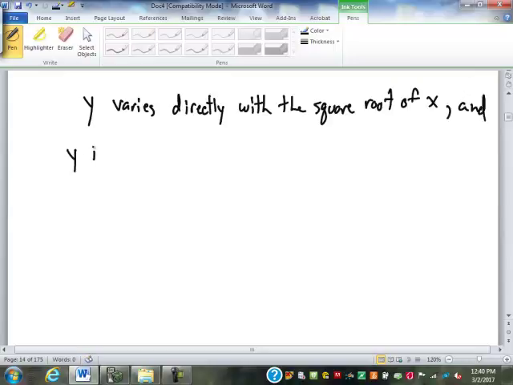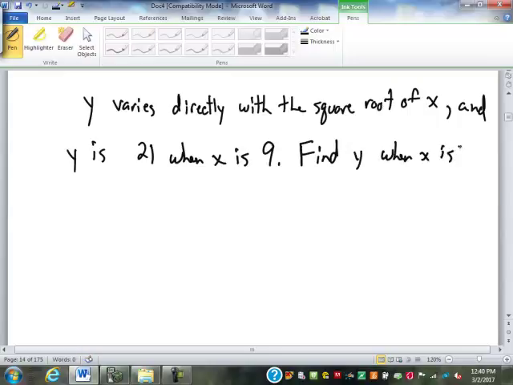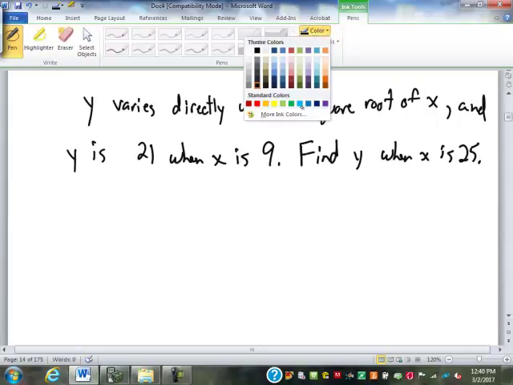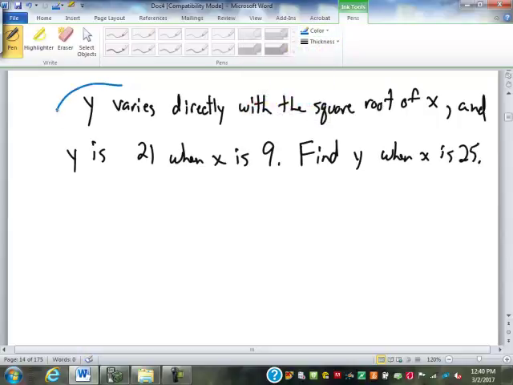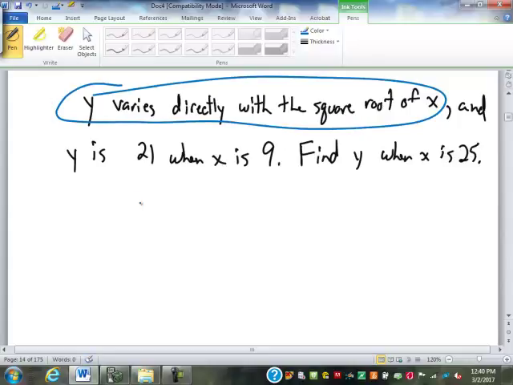And y is, let's see here, 21 when x is 9. Find y when x is 25. So this is going to be slightly different. It's not y varies directly with x, it's y varies directly with square root of x. This is y equals k times the square root of x.